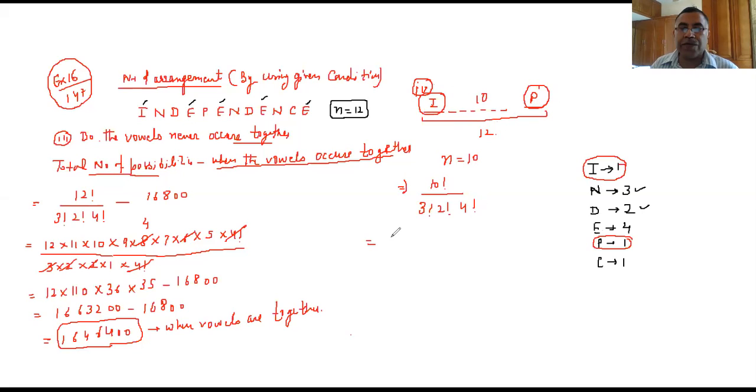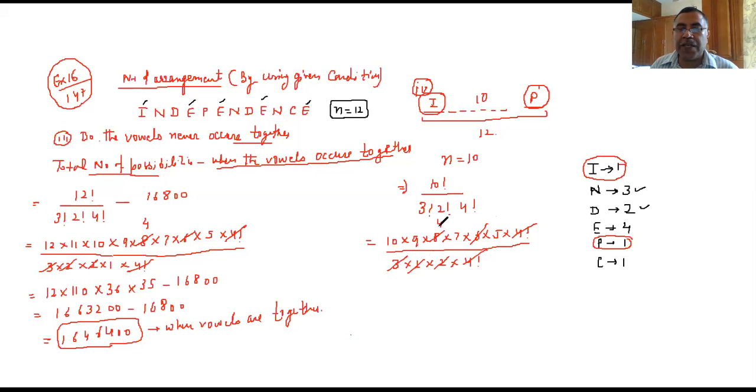So this equals 10 × 9 × 8 × 7 × 6 × 5 × 4 factorial, divided by 3 × 2, 2, and 4 factorial. 4 factorial goes with this. 3 × 2 is 6, cancel. 2 will go with 4.